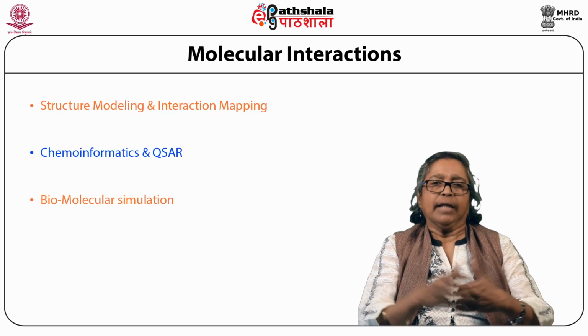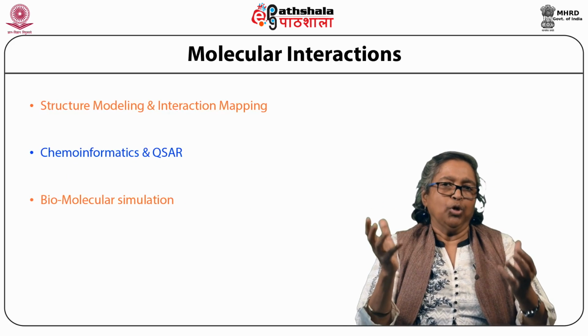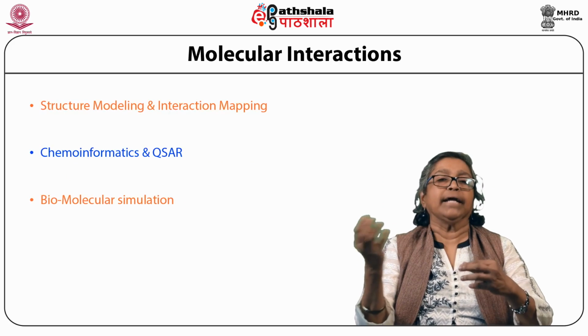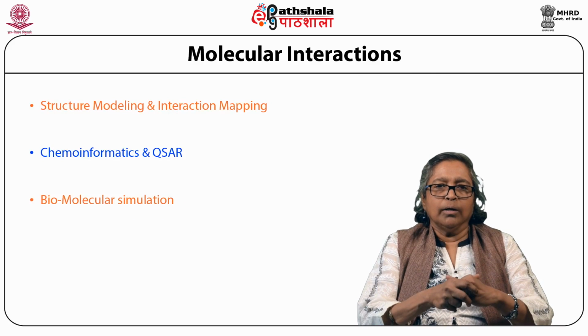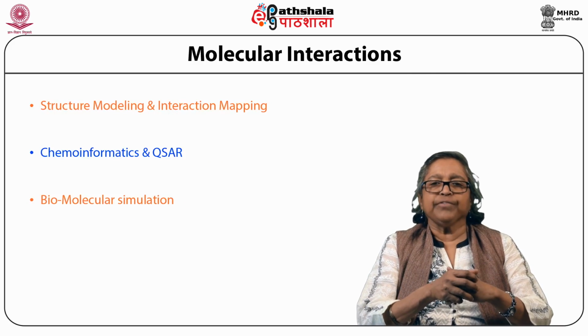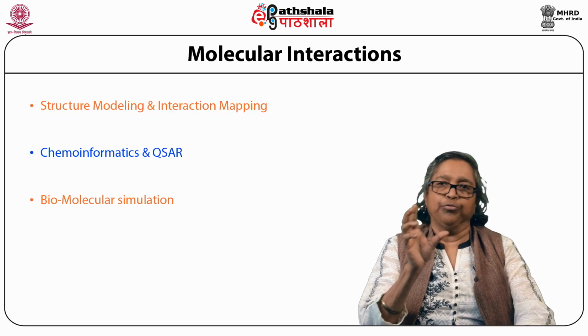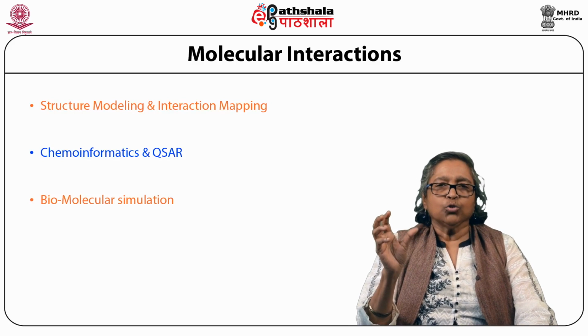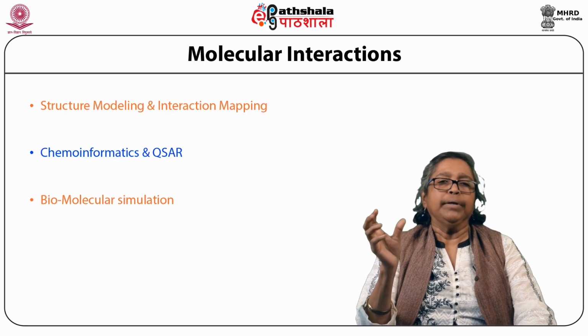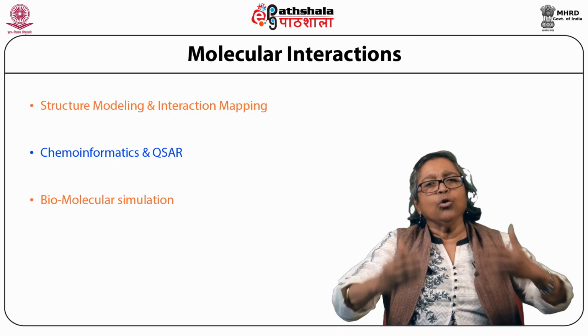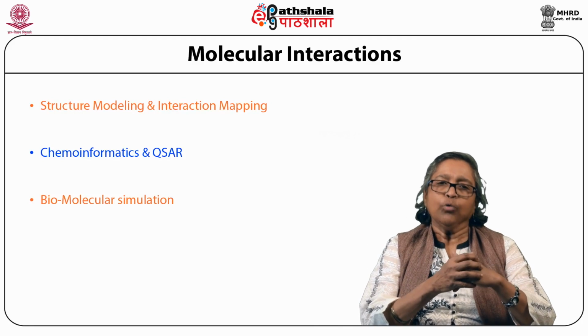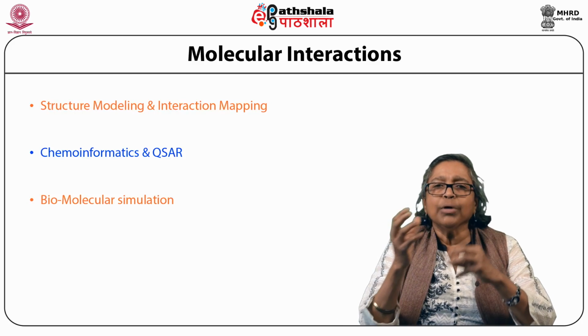I'm going to address now another type of molecular interaction and how to design compounds. In this I would emphasize the tools used in chemoinformatics and QSAR. Here they will be more well-known chemicals, and it will be applied to tuberculosis.